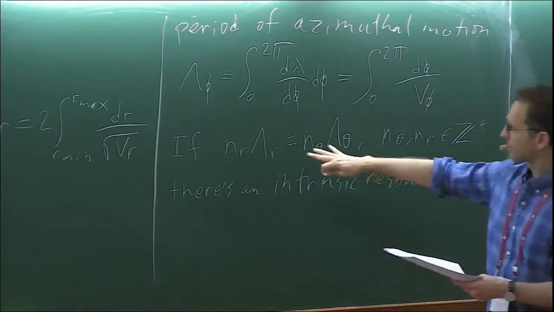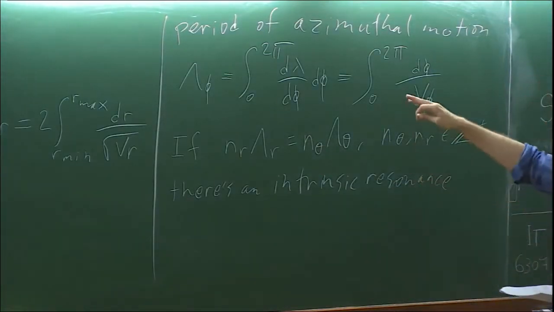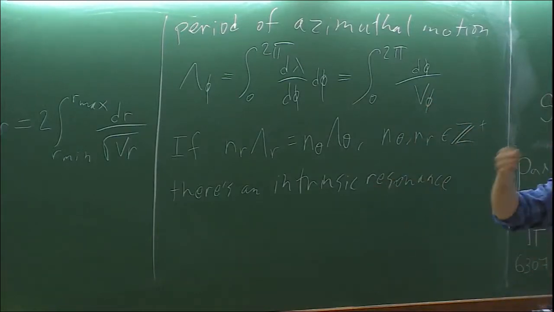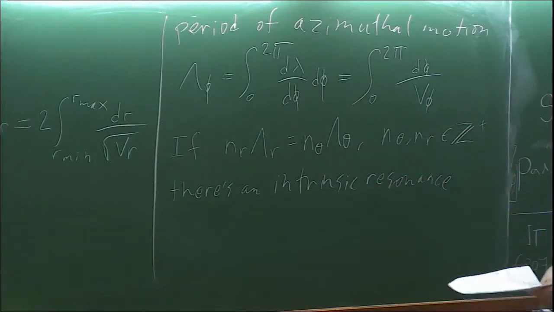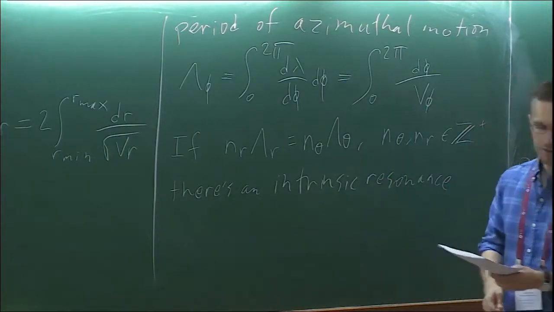So this is where you don't get a closed orbit in all 3 dimensions, but if you're just looking at the radial and theta motion, it closes in the r-theta plane. And this has a big impact on the dynamics.